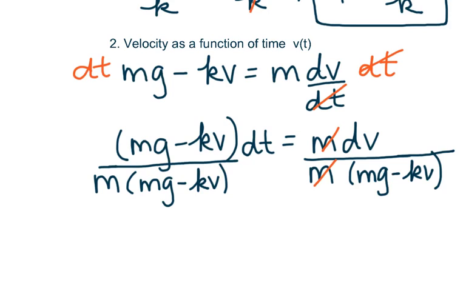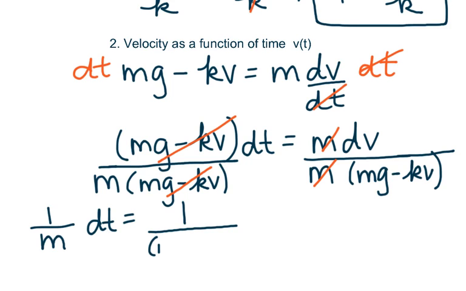So these m's cancel and this quantity cancels on this side. So I'm left with 1 over m dt is equal to 1 over the quantity mg minus kv dv.